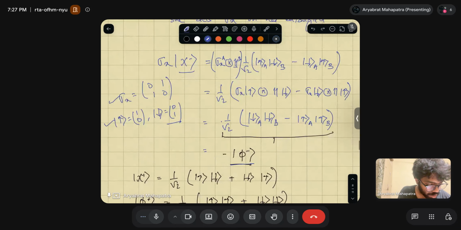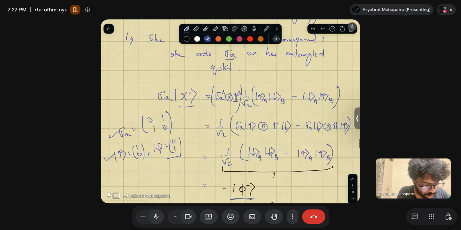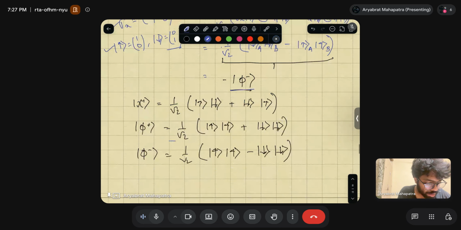So if you see, initially both of them had one pair of this chi minus, and then Alice makes this sigma x operation, and after that there are four possibilities. Let's say only one of the possibilities that Alice found out, and she sent that to Bob.